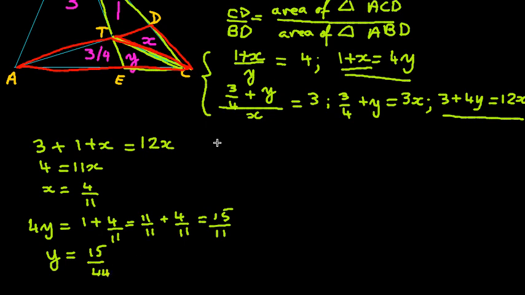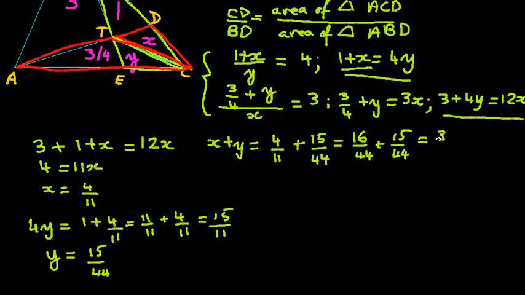The upshot of this is that X plus Y, which is the area of quadrilateral TDCE, is equal to 4 over 11 plus 15 over 44. Using a common denominator, we multiply the first fraction by 4 to get 16 over 44 plus 15 over 44, which is equal to 31 over 44.